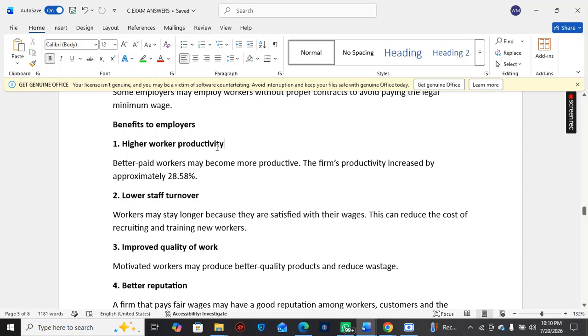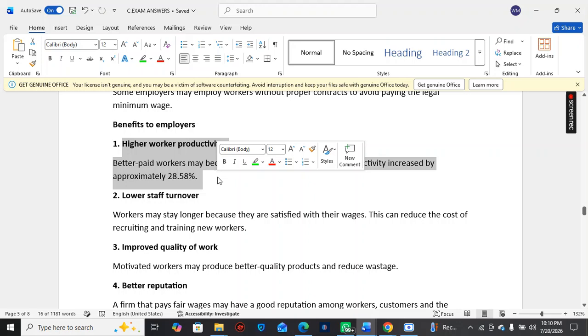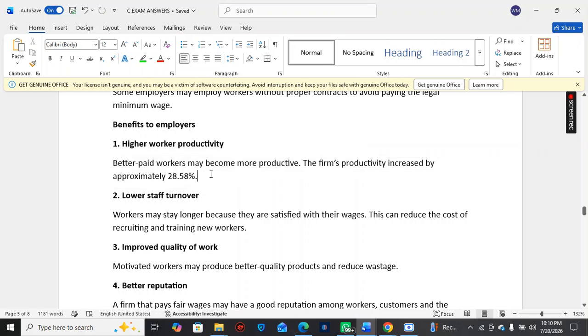Benefits to the employers, okay, higher worker productivity. Since we saw the productivity increase from 50 units per worker to 64 units per worker, from an employer's point of view, that's a good thing. That's what you want as an employer: increased productivity.